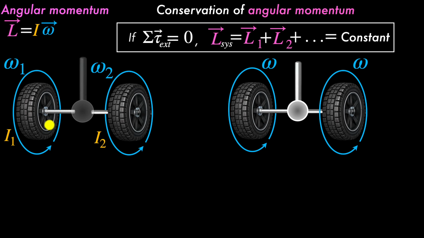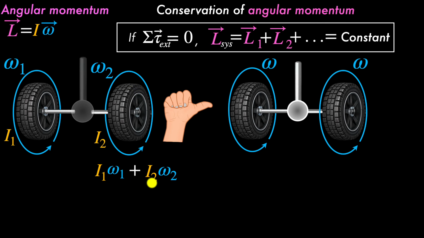All right, we're going to consider the two wheels as the part of our system. We're going to ignore the mass of the axles and the clutch and everything, okay? So what's the total initial angular momentum? Well, it's going to be the angular momentum of this wheel, which is just I1 times omega 1. And we have to be careful about the direction. In this particular case, the angular momentum of this wheel is going to be to the right. And this wheel also has the angular momentum in the same direction, so I can add it.